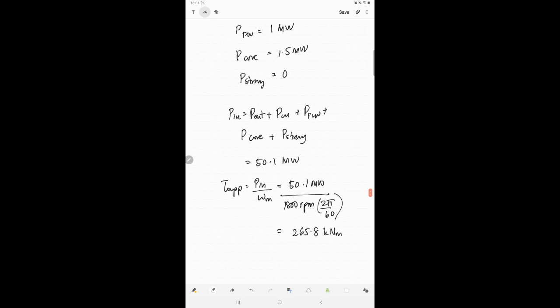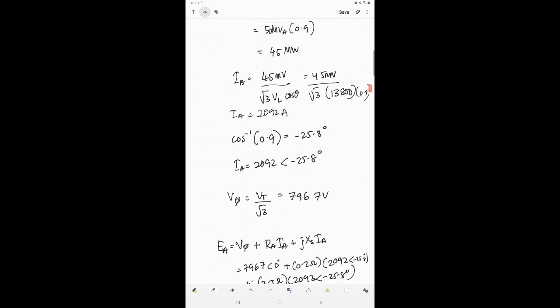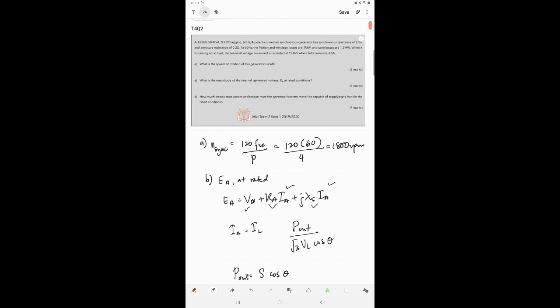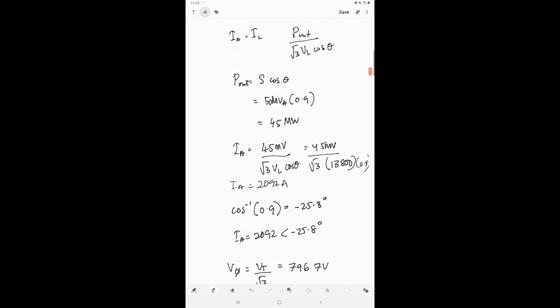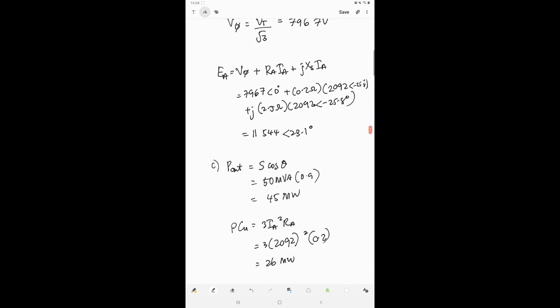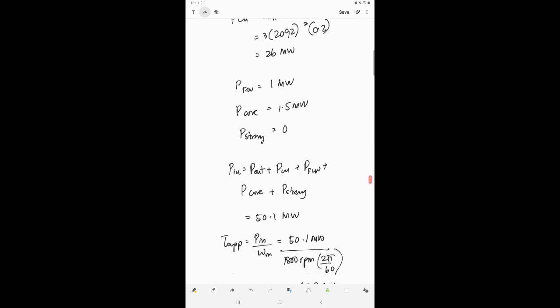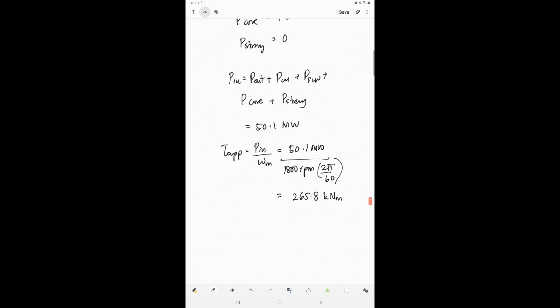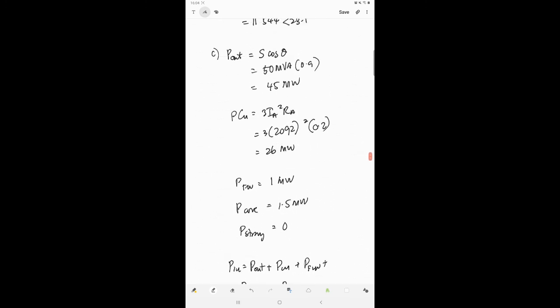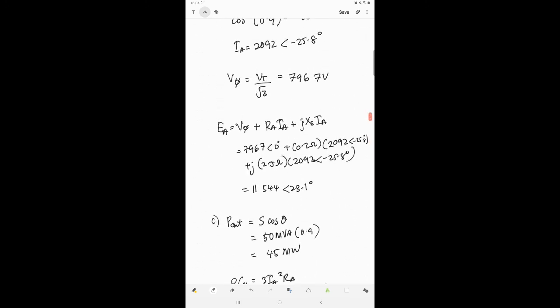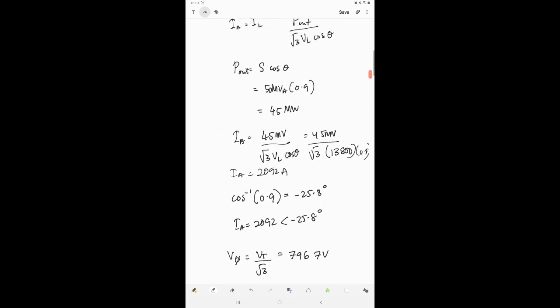This is the input that must be given to the shaft of the generator to give the rated output stated here. It is a very large torque to be applied at the generator, because the power is huge as well.